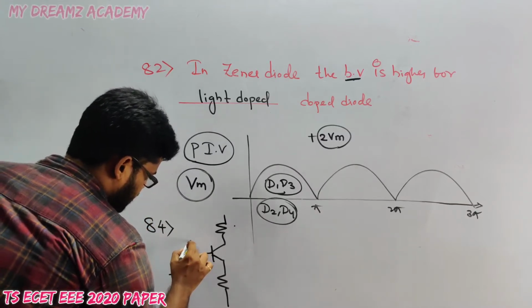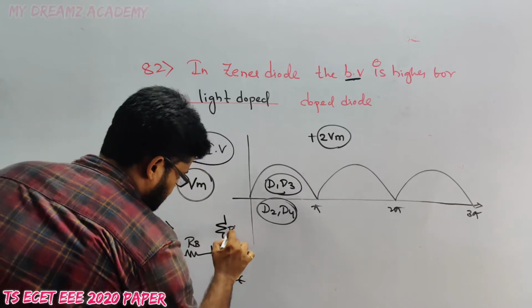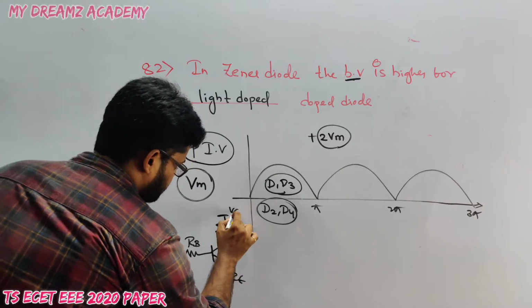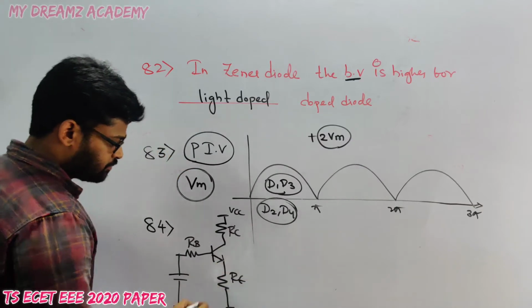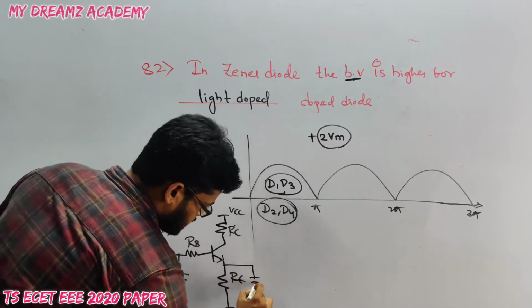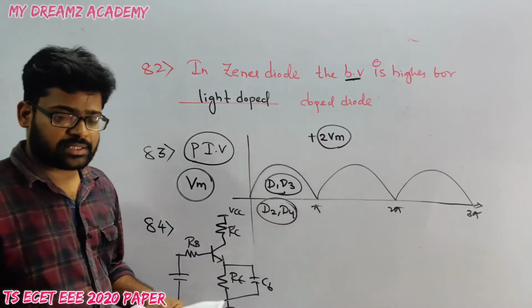This is base, this is emitter, this is collector, this is VCC, and we'll connect one capacitor across this one. This is called bypass capacitor.